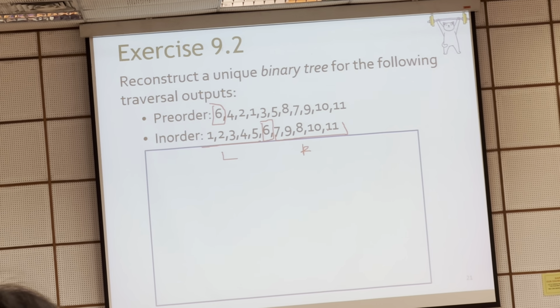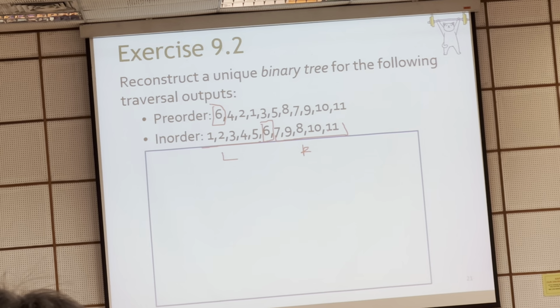So let's list it down. 1, 2, 3, 4, 5 is on my left. 7, 9, 8, 10, 11 is on my right.